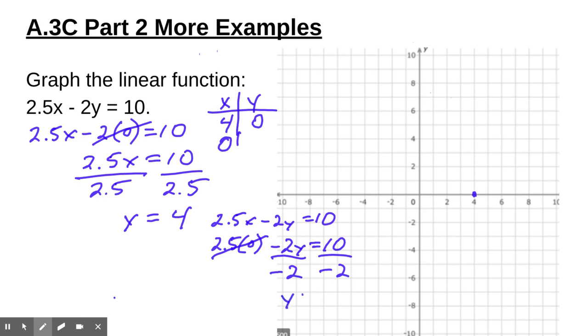And now we know y is -5. So when x is 0, y is -5. This is your x-intercept. This is your y-intercept. And that would go here. And the line would go like that. Okay, let's look at another example.